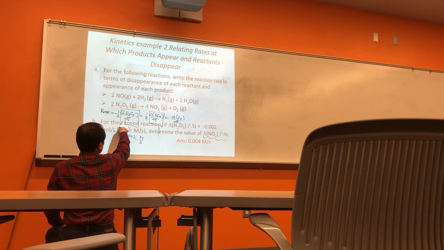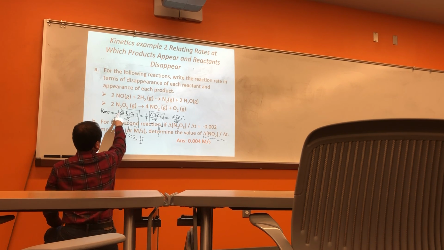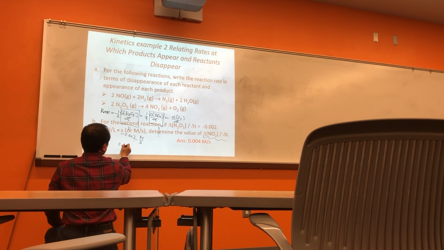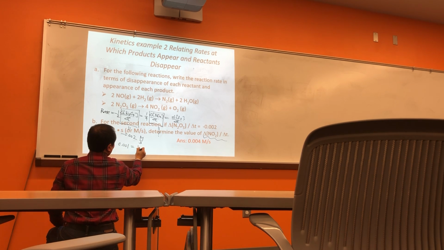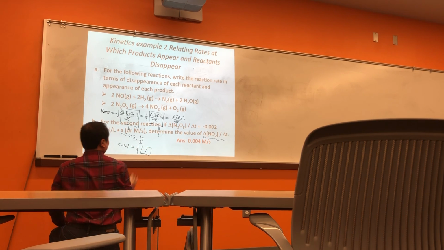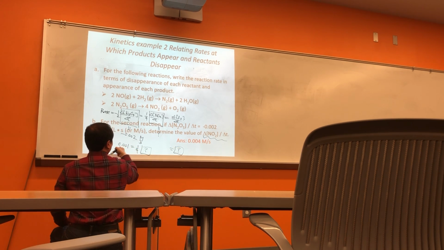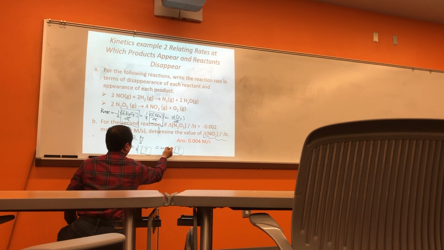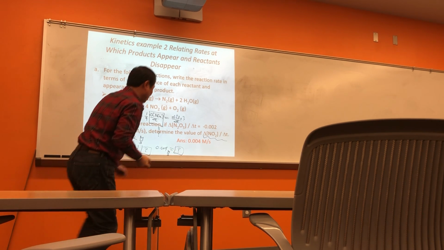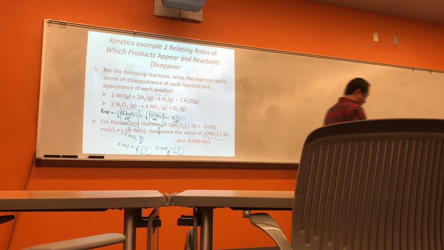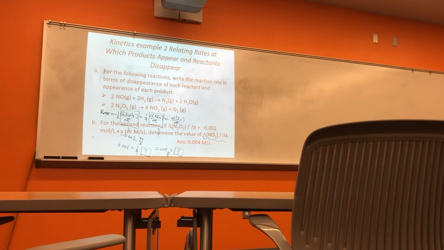If I plug in over here and cancel the sign, divided by 2, that will be 0.001, equal to 1 over 4 of the question. So my unknown is times 4, 0.004, right? The unit is molarity over second. That finds the other rate. That's not the reaction rate, that's the rate.